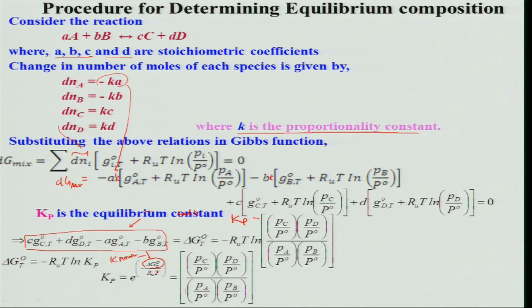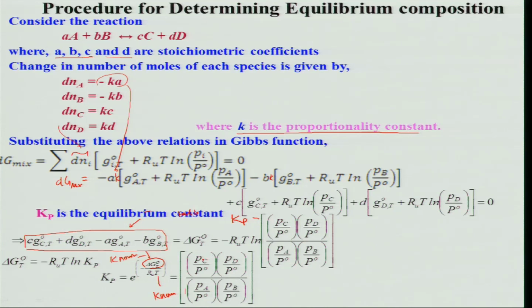Similarly, I must know the temperature at which I am finding the equilibrium. In the real situation it will be the adiabatic temperature, so T will be known, and of course R_u is known. So you know this term, that means you know the K p value.